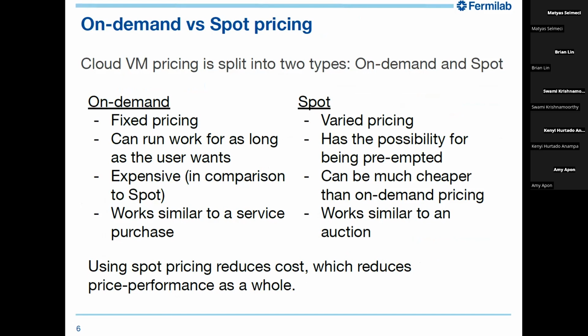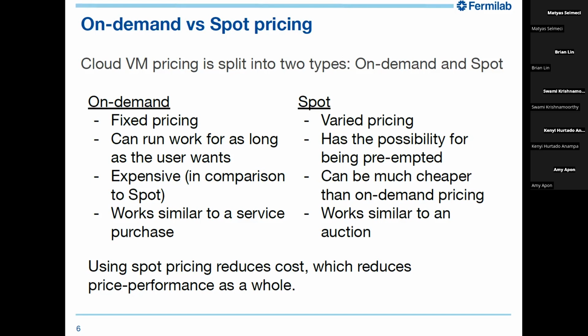The difference between on-demand and spot pricing is that you reserve a machine for on-demand, but with spot pricing, you bid for a machine essentially until someone offers more money to purchase it. So, on-demand is fixed pricing, and spot is varied pricing. For on-demand, you can run for as long as you want, and it's a little bit more expensive in comparison to spot.